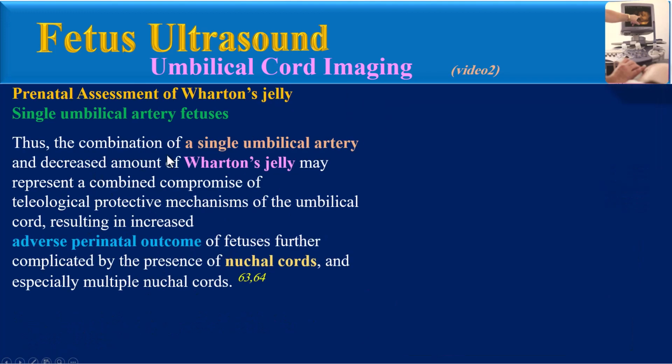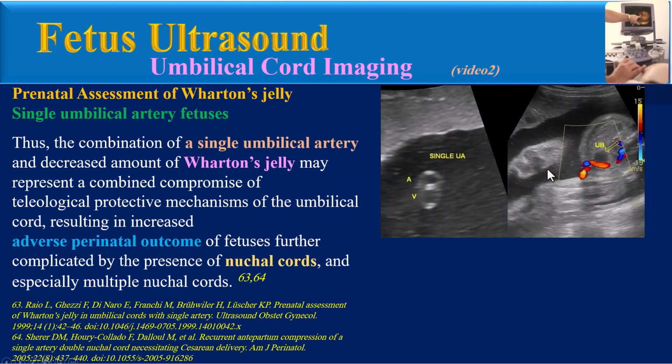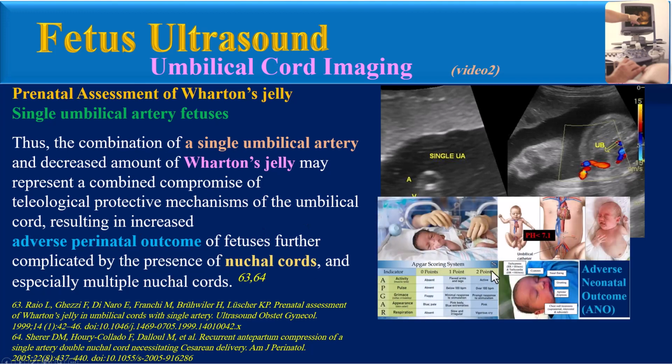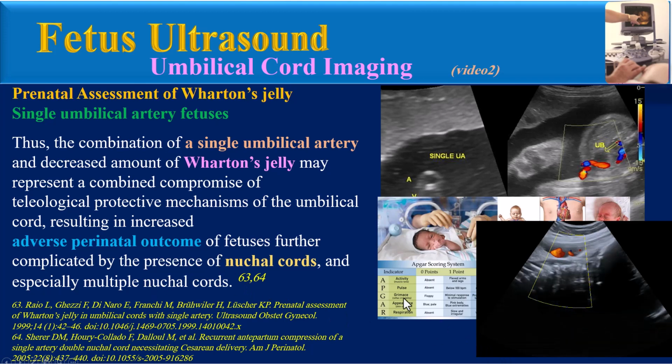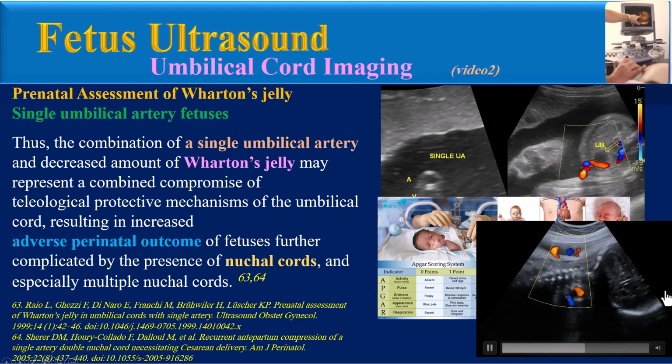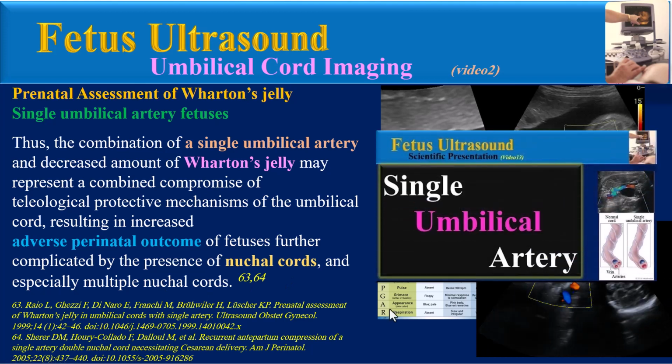Thus, the combination of a single umbilical artery and decreased amount of Wharton jelly may represent a combined compromise of teleological protective mechanisms of the umbilical cord, resulting in increased adverse prenatal outcome of fetuses further complicated by the presence of nuchal cords and especially multiple nuchal cords. You can find full explanation about single umbilical artery in this video.